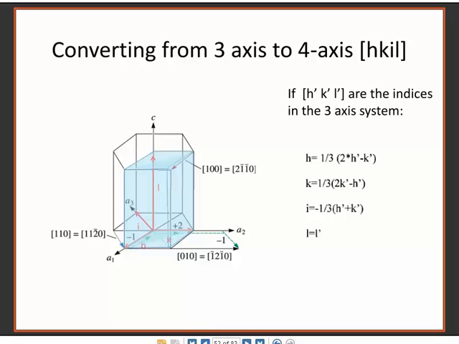So if I say that H prime equals 1, K prime equals 0, and L prime equals 0, then H will be equal to 1/3 times 2 times 1, minus K, which is 0, so that's going to be 2/3. The K is going to be 1/3 times 2 times K, which is 0, minus H, so that's going to be minus 1/3.